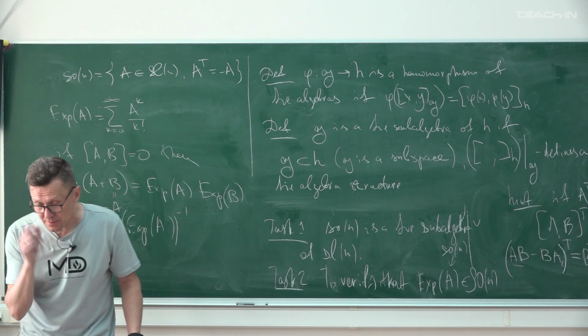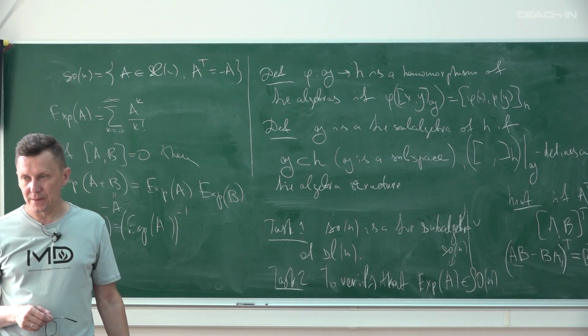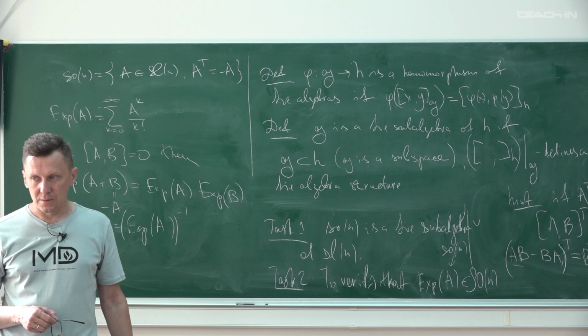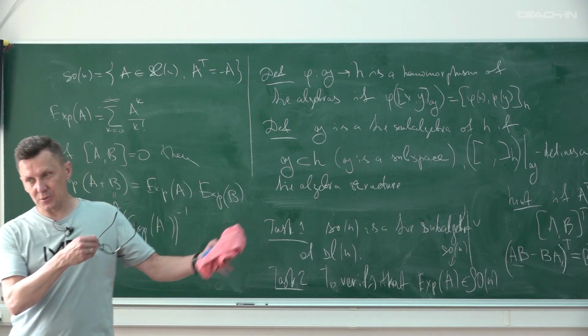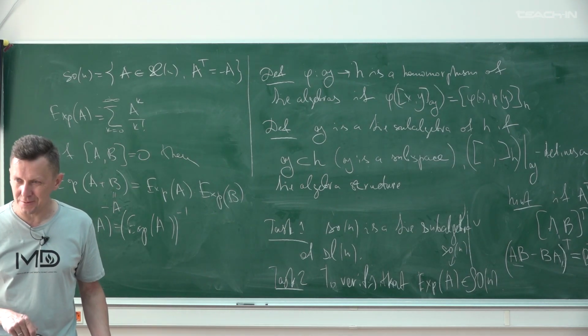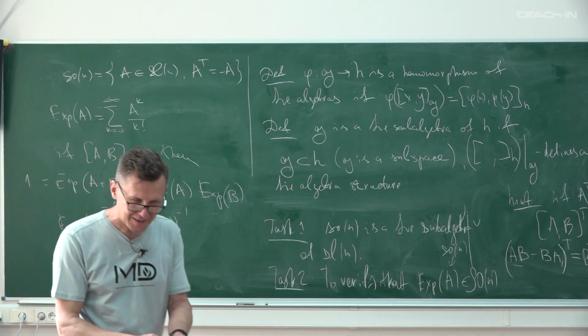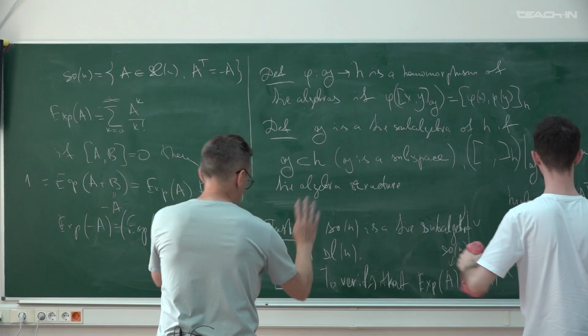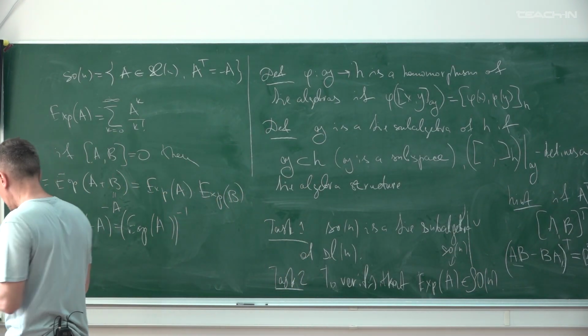So we have to consider the exponent of A times the transpose of the exponent of A. And then we use the properties to show that it's... Yes, it's not difficult, but could you write it once again? Please. You can erase what you want.